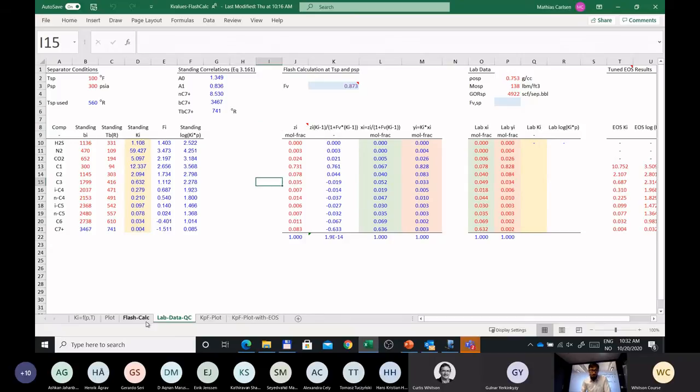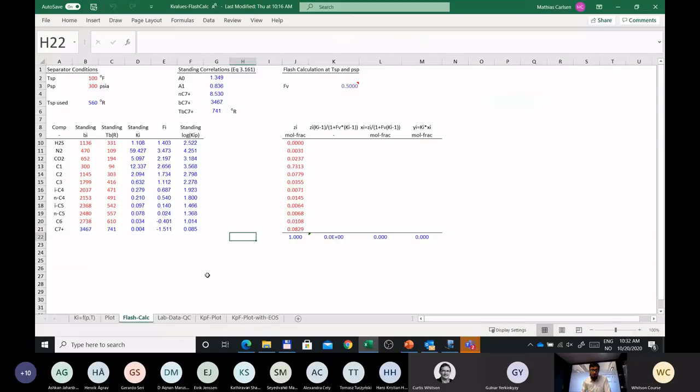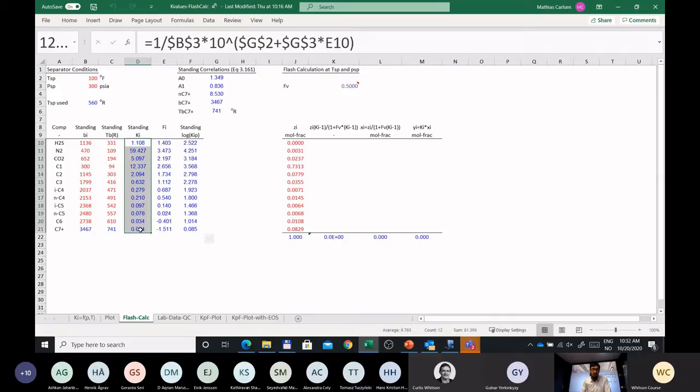Okay, so yesterday we did the k-value calculation with the Standing correlation. We calculated the k-values from the Standing correlation at 100 degrees Fahrenheit and the separator pressure of 300 psi. These are the Standing k values, and these are the Fi values from the bi and Tbi from the Standing table.